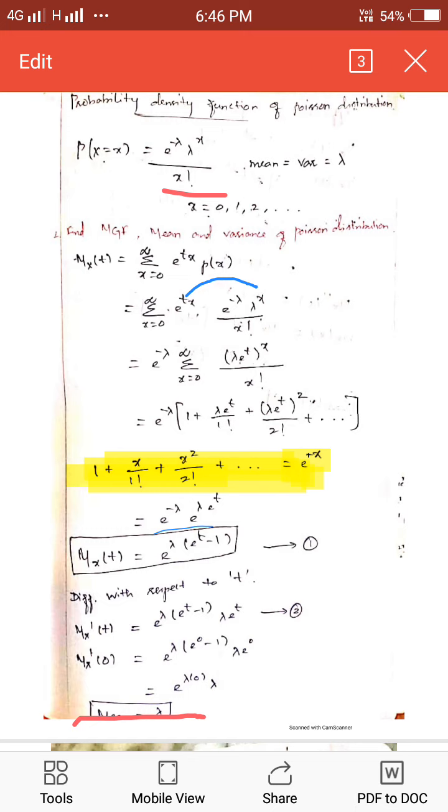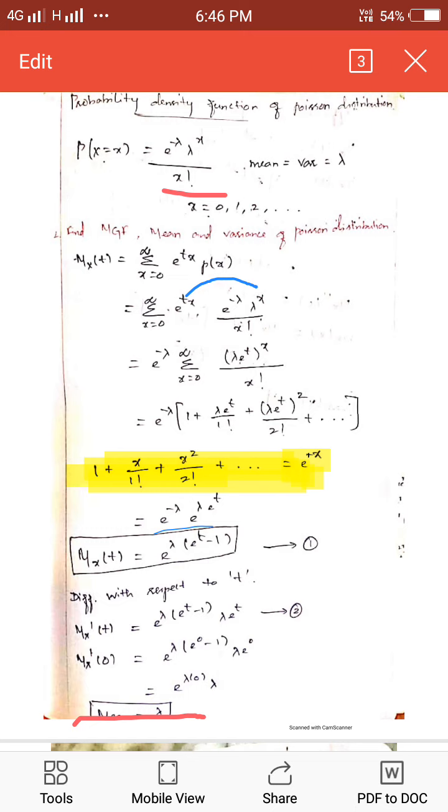So, we can write it as 1 plus, instead of x, we substitute 1: lambda into e power t whole power 1 by 1 factorial, plus, instead of x we substitute 2: lambda into e power t whole square by 2 factorial, plus etc. It goes on. So, it can be written as 1 plus x by 1 factorial plus x square by 2 factorial plus etc. equal to e power x.